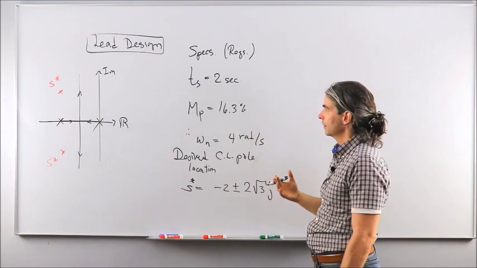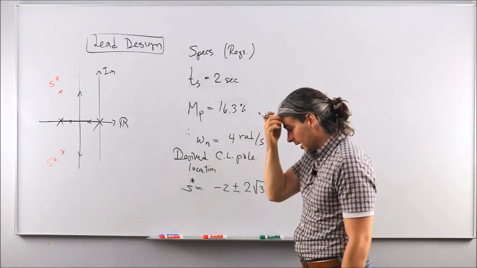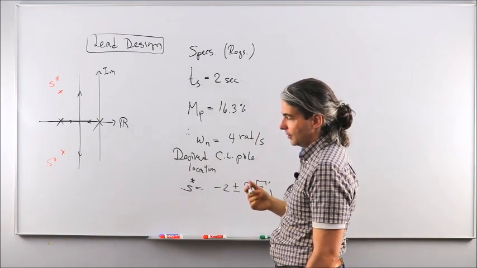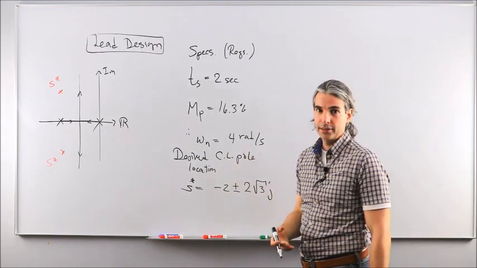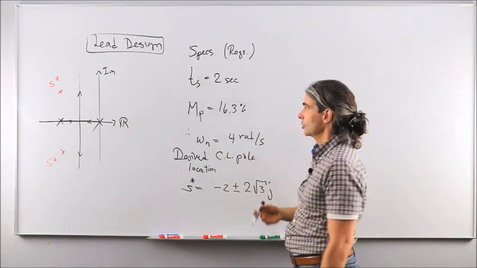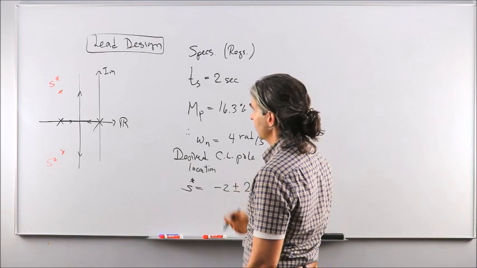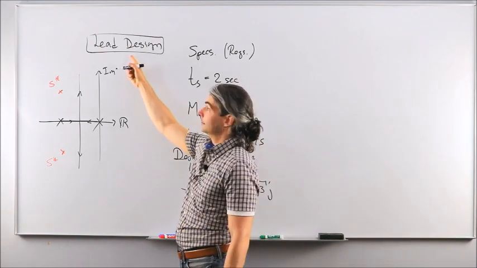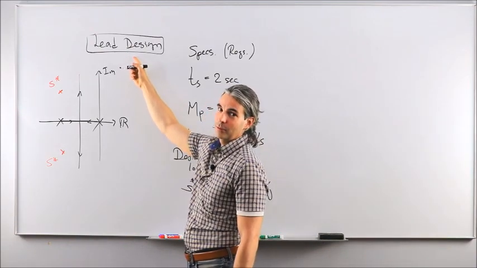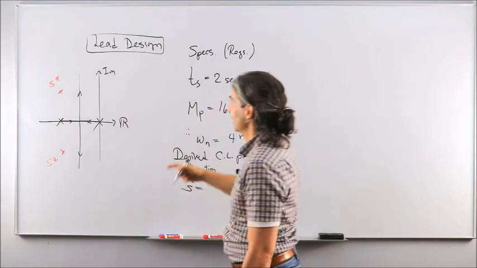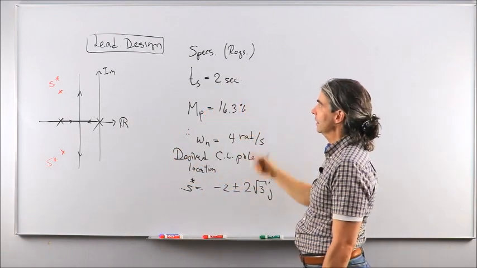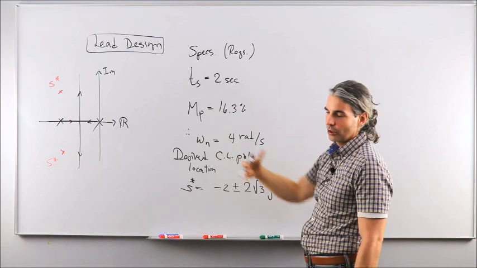That's the idea here. And the prof told me that a good way to do it is by designing a lead compensator. So let's do that. Let's design a lead compensator. But you knew that in the beginning, okay? So pretending that you didn't know which one to pick, this is the thought process you need to go through.